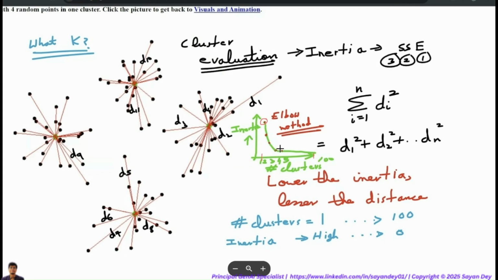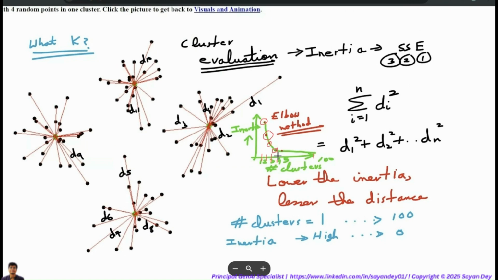The inertia will continue to decrease. You can see very clearly, we go from 1 cluster to 2 clusters, inertia has dropped a lot. From 2 to 3 clusters, inertia has dropped a lot. 3 to 4 clusters, inertia has dropped a lot. Now this is kind of the optimum part, right? 4 clusters seems like the optimum. From 1 to 4, you're seeing a very big drop in inertia because the quality of the model really improved until 4.